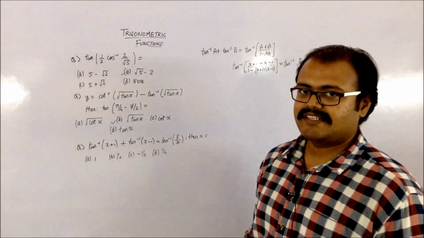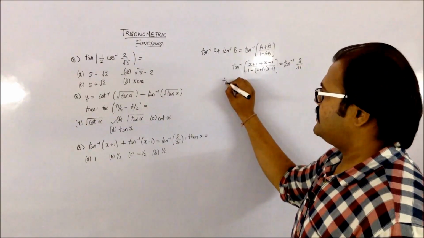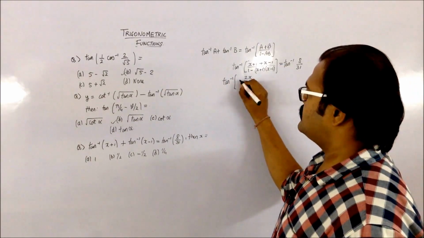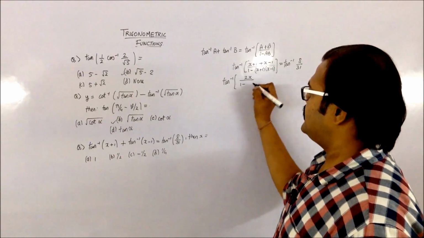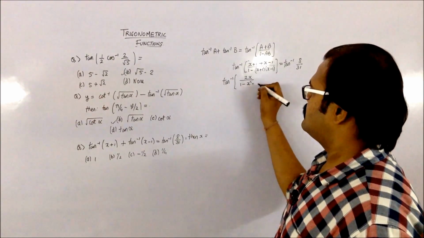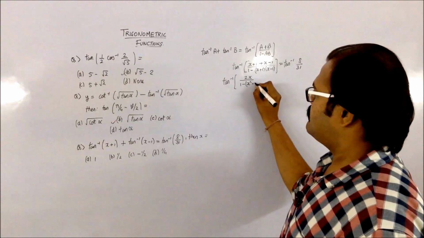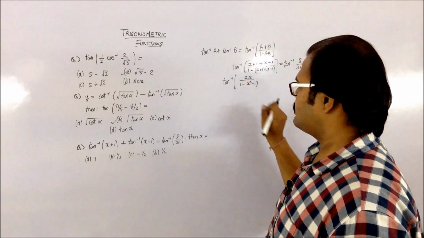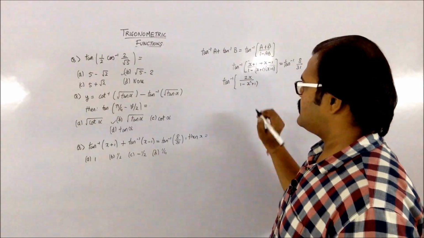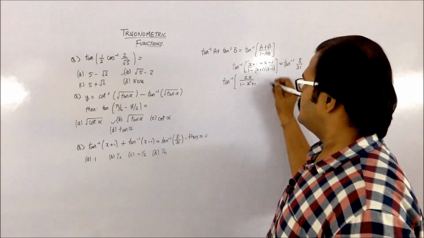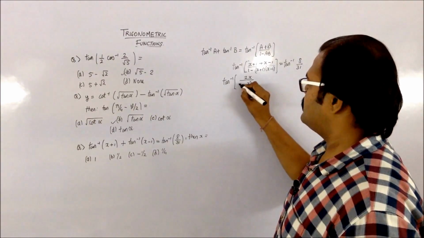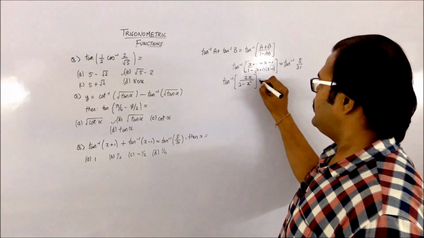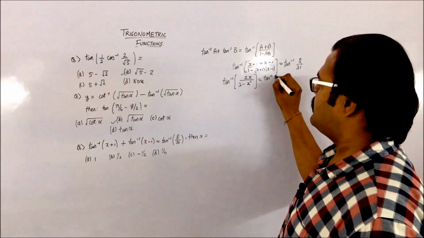So solving this particular equation, you will be getting it as tan inverse of, the 1 gets cancelled, so it's going to be 2x upon 1 minus x square minus 1. So minus 1. So opening the bracket over there, you will be getting it as 1 minus x square plus 1. So that basically is nothing but 2 minus x square. This thing will be equal to tan inverse of 8 by 31.